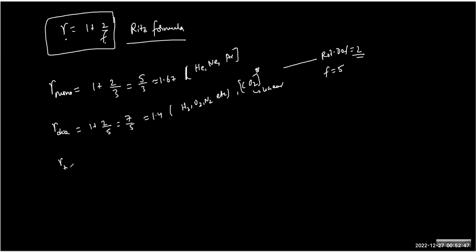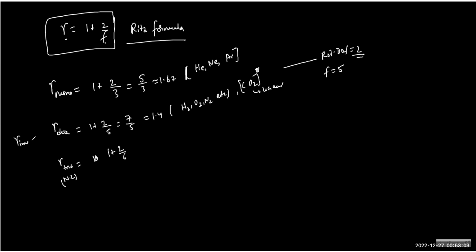For triatomic, let's say vapor, H2O, if it is non-linear, let's take 1 plus 2 by 6. So this is the diatomic or linear gamma.